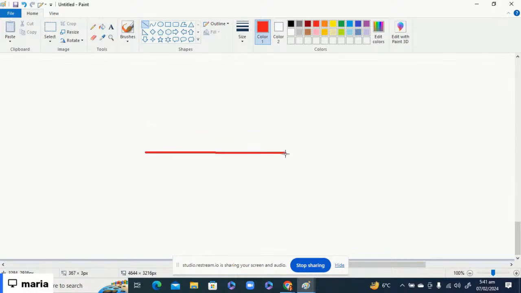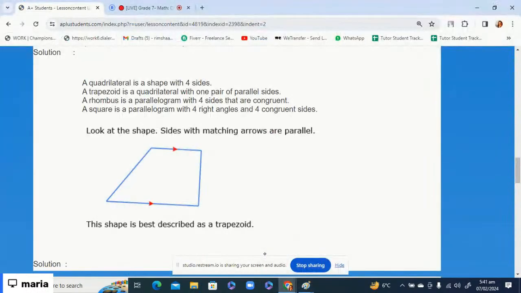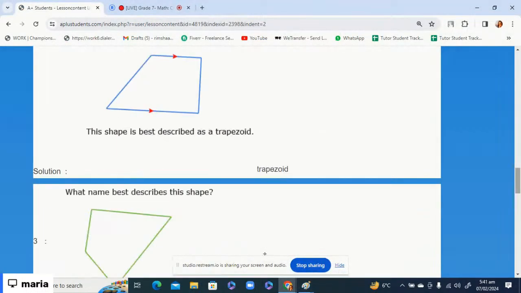If this is the side length and then the other one is this, okay, here and here is more. This is a shape of the trapezoid. All right, we can say that this is a shape of trapezoid. So here is the same thing. This is the shape of trapezoid.